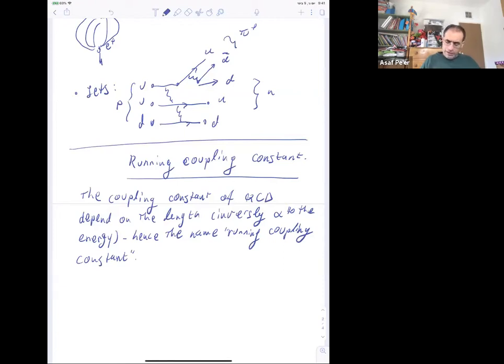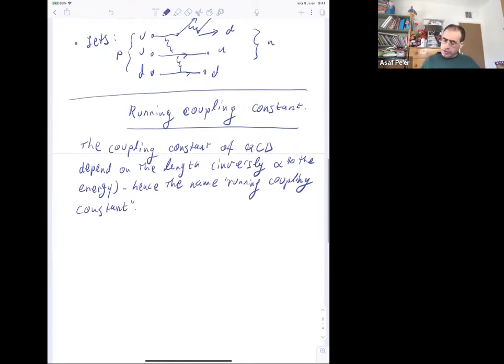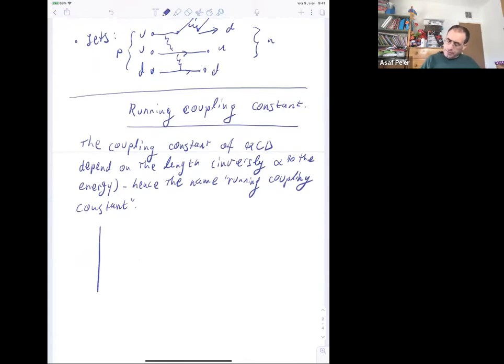I have a figure that I copied from the book by Thompson, so you can find it there, which shows how alpha S, the coupling constant of QCD, changes with the energy in the center of mass. These are experimental results. I'm just going to sketch it. So this is the energy in GeV: 1, 10, 100.